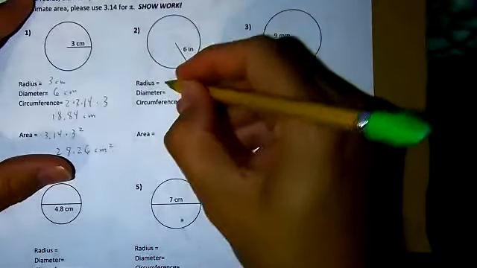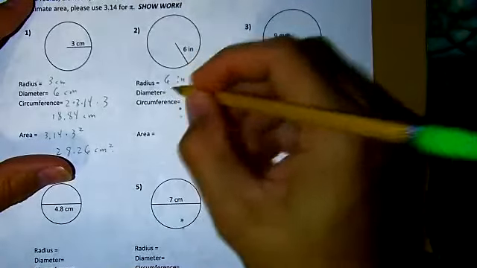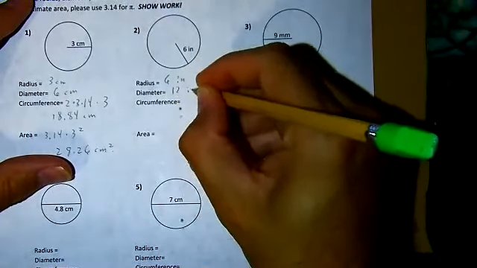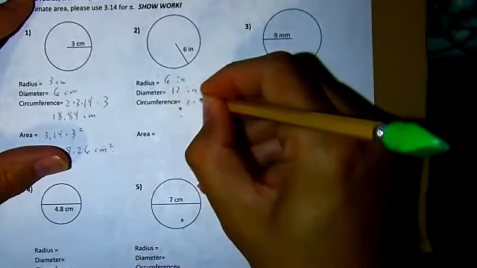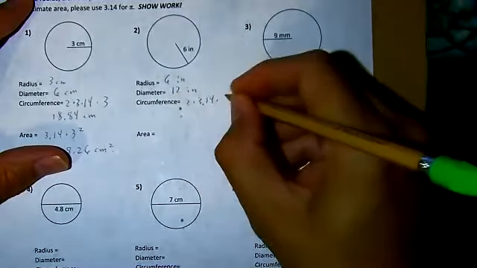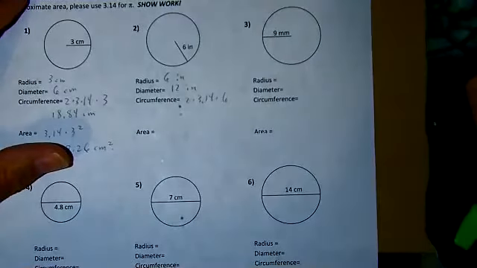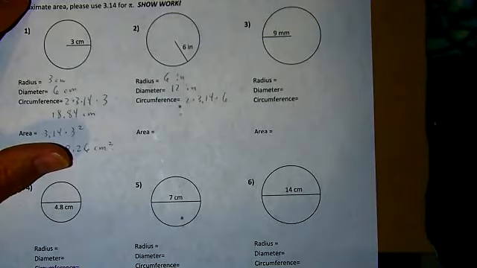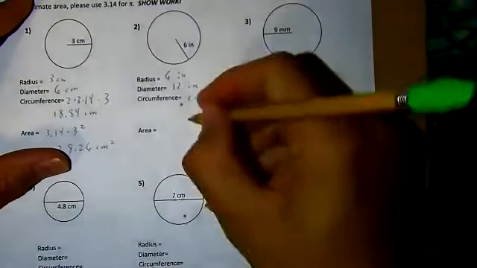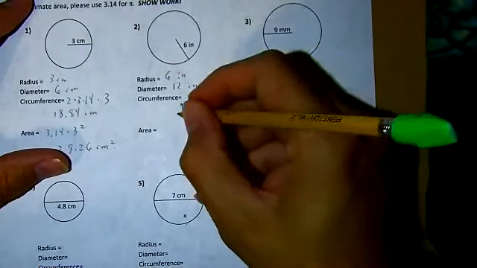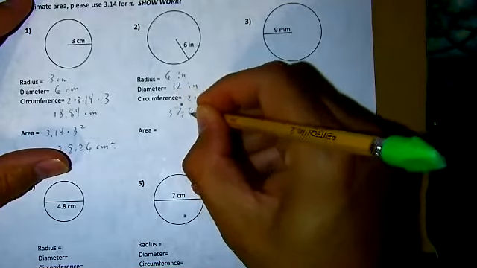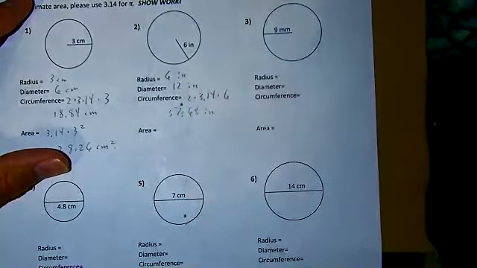Radius is 6 inches, so the diameter is going to be 12 inches. Circumference is going to be 2 times pi times the radius, which is 37.68 inches.